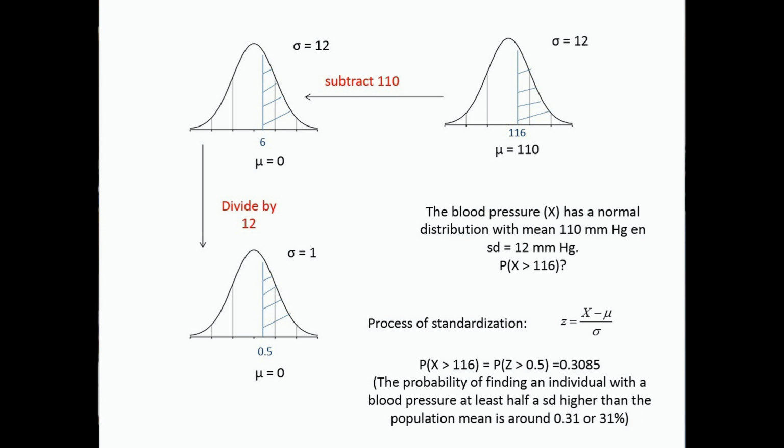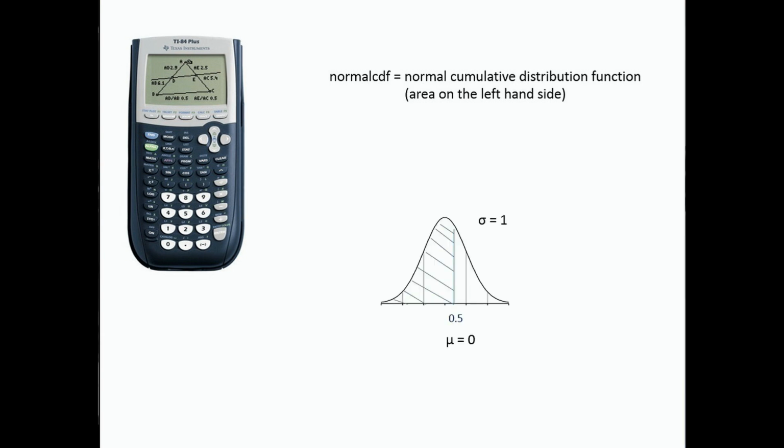From the table in the book, we can see that this value is around 0.31 or 31%. Maybe some of you used graphical calculators in high school mathematics. You can use the function normal CDF, the normal cumulative distribution function, and you will find the area on the left hand side.